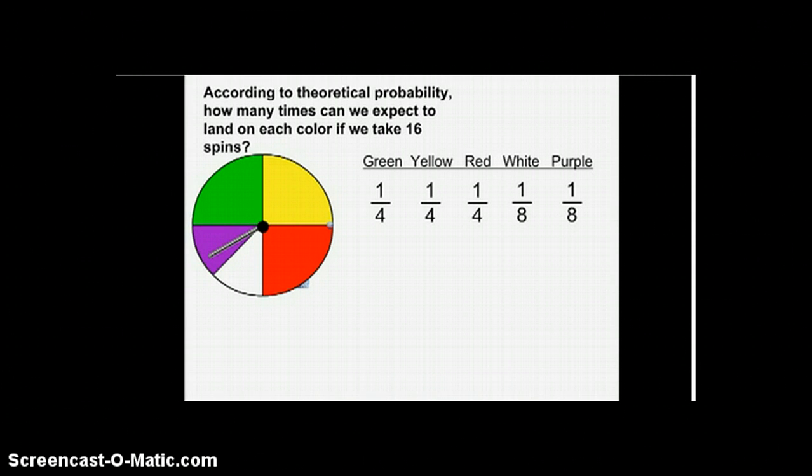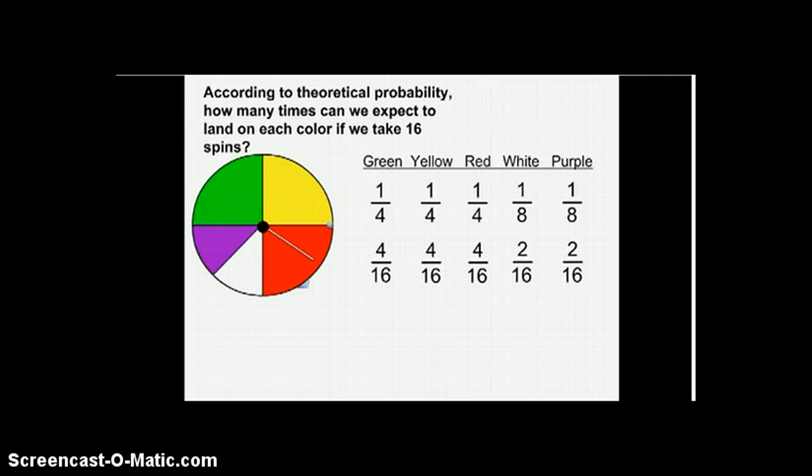All of the theoretical probabilities of which we just listed are expressed in lowest terms. We must convert each one of these fractions into 16 because we want to know how many spins out of 16. So all we have to do for green, yellow, and red is to convert the 4 into 16. And for white and purple, we also have to convert the 8 into the 16.